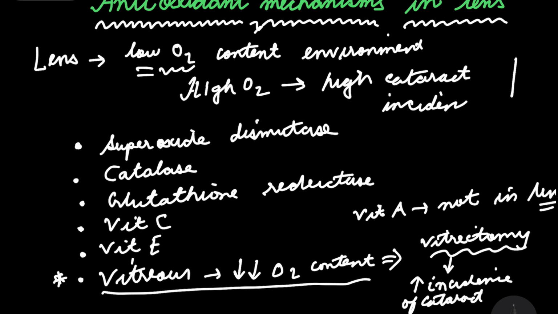Okay. So this is, in short, a very small topic, the antioxidant mechanisms in the lens. So what is going on? Just a quick recap. The lens needs low oxygen. Remember this point.